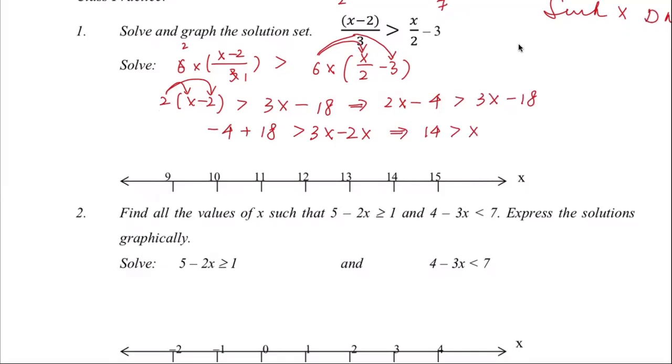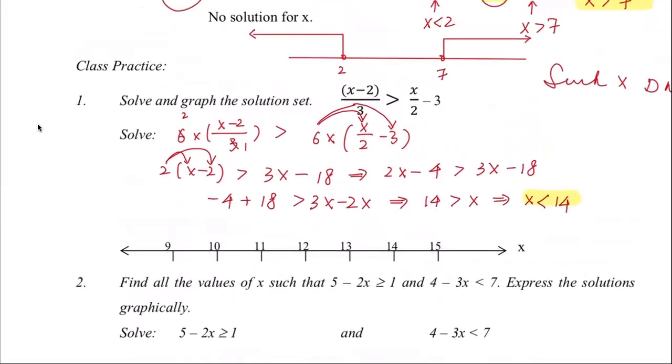And x. And this will be x smaller than 14. Just let me check if my answer is right. Yeah, that's right. Okay. So this is the solution to this inequality.